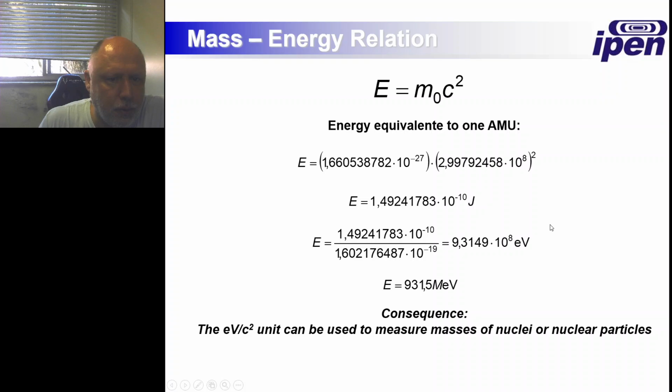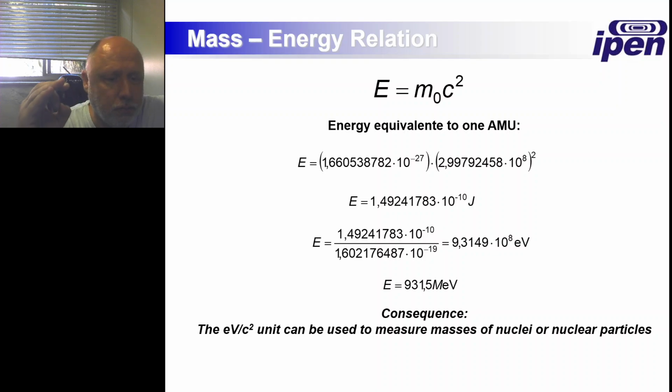If we do the math, it's essentially this: one atomic mass unit, if we could turn it completely into energy, would release 931.5 million electron volts, right? So one mass unit could be turned into about 900 mega electron volts.